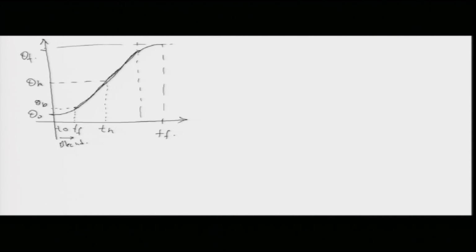Let us look at the various terms that we have tried to include here. The first is that there is a blend portion which is going from T naught to T b, and the position is varying from theta naught to theta b.